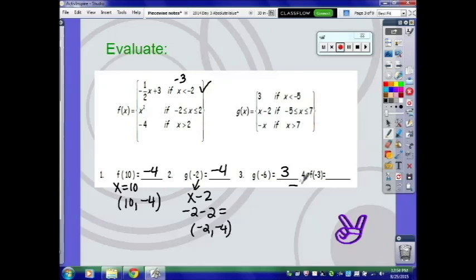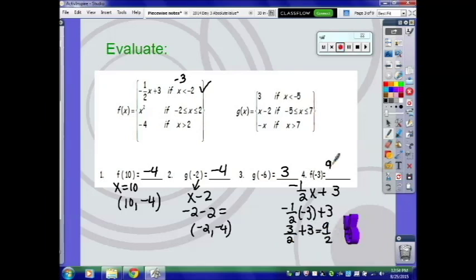So I'm going to have -1/2 x plus 3. And we're going to plug -3 in for our x. Alright, do that math. We're going to get 3/2 plus 3, which equals 9/2. 9/2, 4.5, all acceptable answers. Okay, so that's evaluating.